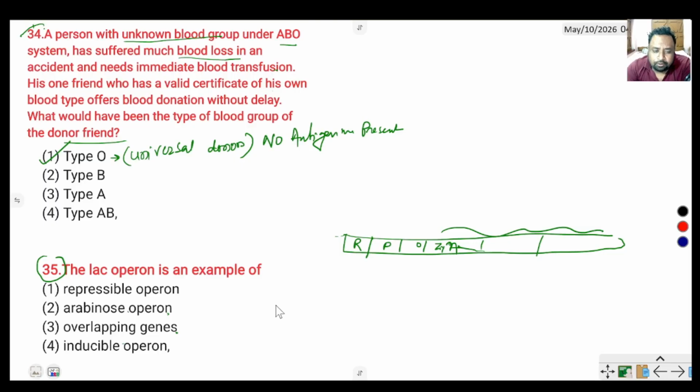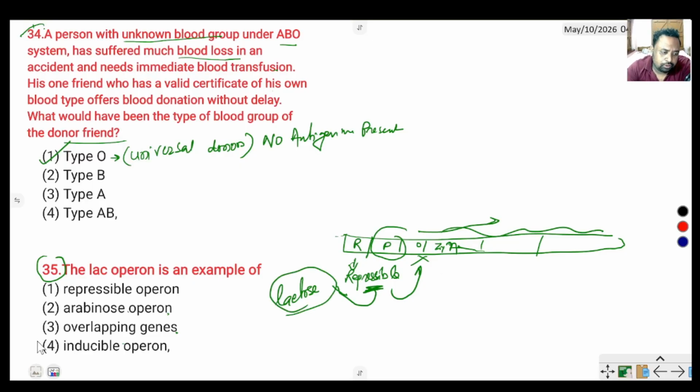So if lactose is present, it represses the repressor protein, so the repressor protein does not bind with the operator region, so the RNA polymerase can move and transcription occurs. So lactose is an inducer for the lac operon, an inducible operon.